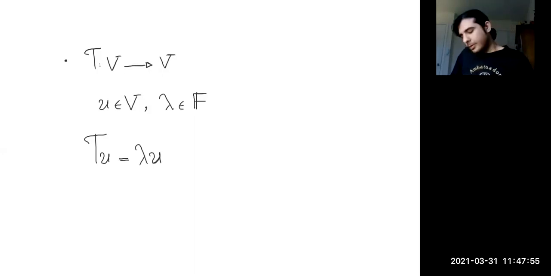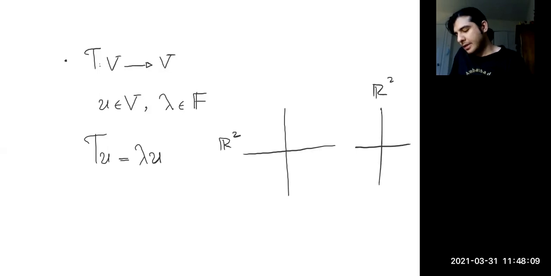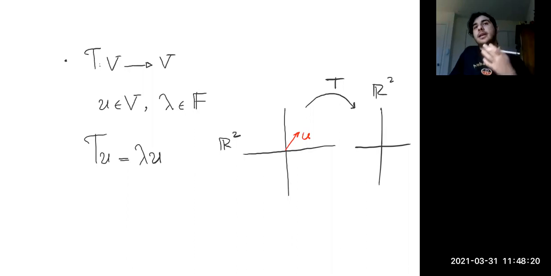So the picture I have in mind is something like this. If we have a vector space, say R2, for simplicity, let's just do it over R, and again R2 again, and then we have a linear map T from R2 to R2. It means U is a vector like this, such that T of U is another vector in the same direction.